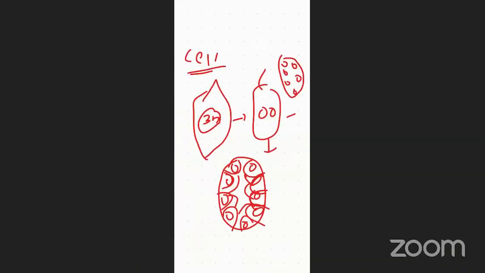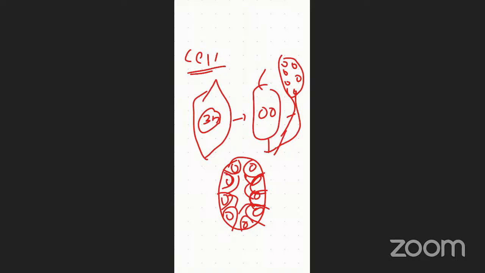And haustoria formation. Whether it is cellular type or free nuclear type, haustoria form. Haustoria are elongated projections formed from the endosperm which penetrate into the developing embryo.